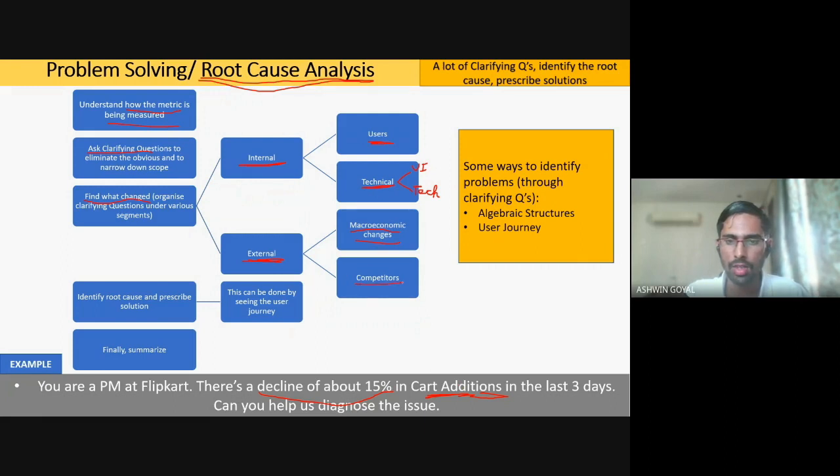And another external thing can be competitors. Whether there was a new competitor that suddenly took up a lot of market share. Let's say Amazon launched a new policy, some discounts are there. People are not coming to Flipkart, they're just going to Amazon. So that way there will be a decline in cart additions.